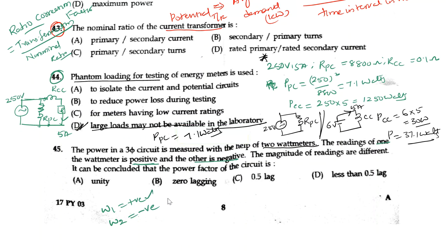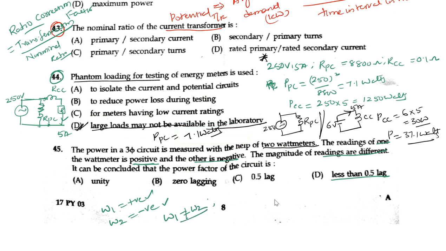One is positive, the second one is negative. But the condition is the magnitudes of the readings are different. If they are the same, I will tell you the answer. If they are not the same, it can be concluded that the power factor will be less than 0.5 when W1 is not equal to W2.